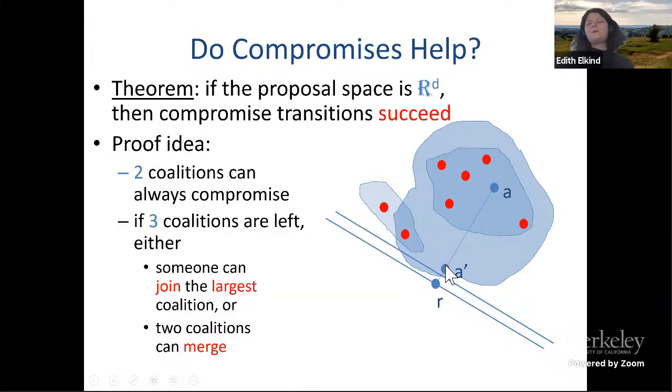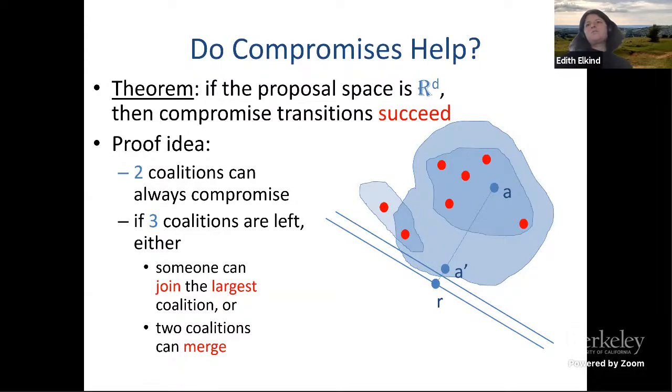They all prefer A prime to R because of geometry, because they all sit on the same side of this line, and therefore it's a legal compromise where they all form a collision around A prime. It's a slightly bigger collision, and everyone in that collision supports A prime. So that's one possibility.